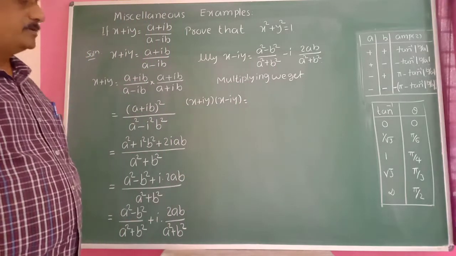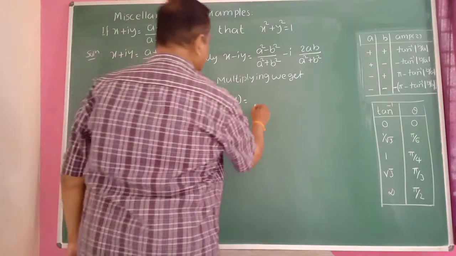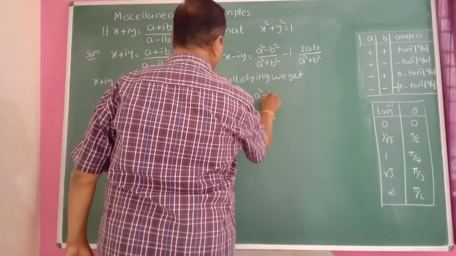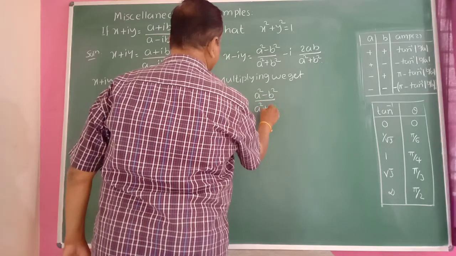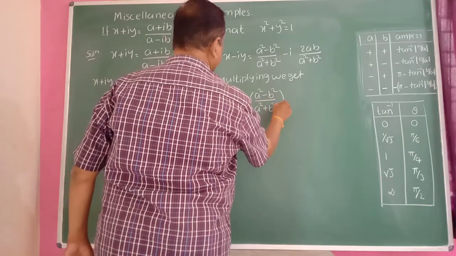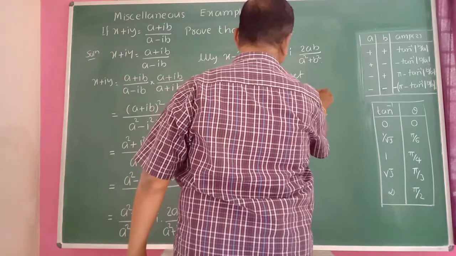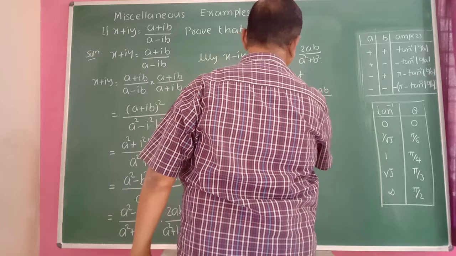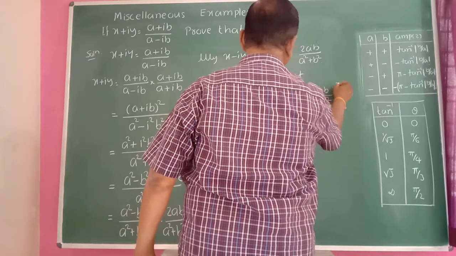Again use here the a plus b into a minus b equals a square minus b square formula. So a square minus b square divided by a square plus b square, it's a square here, minus i square into 2ab divided by a square plus b square, it's a square here.